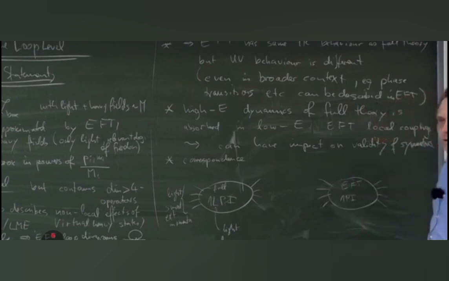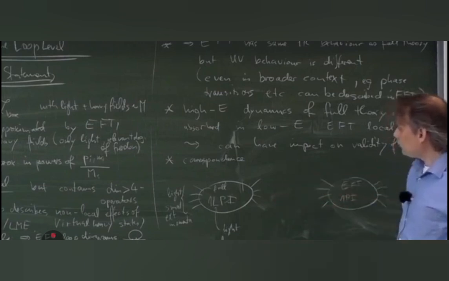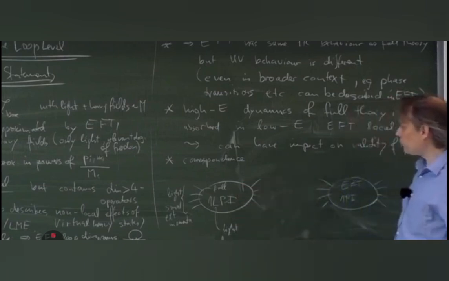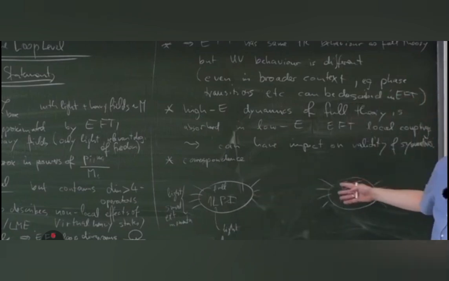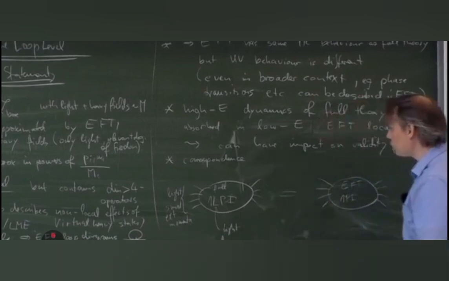But our method of regions shows us that we can definitely arrange the EFT such that really the sum of all one light particle irreducible diagrams becomes equal to the sum of the one particle irreducible diagrams in the EFT. That is the most detailed equality that we can achieve.